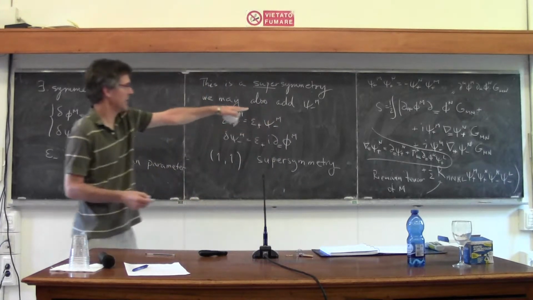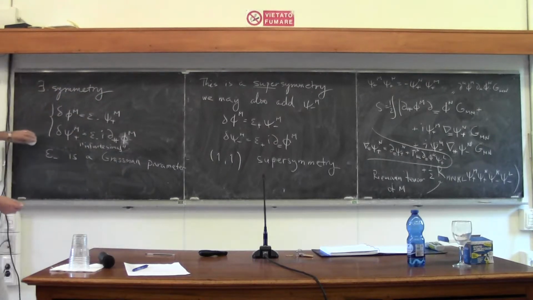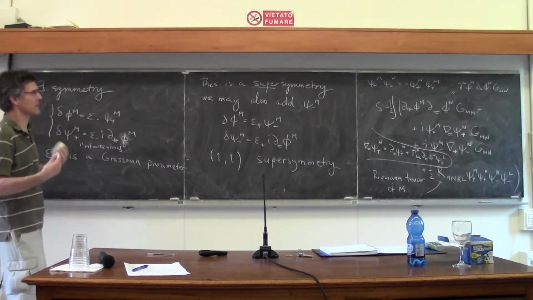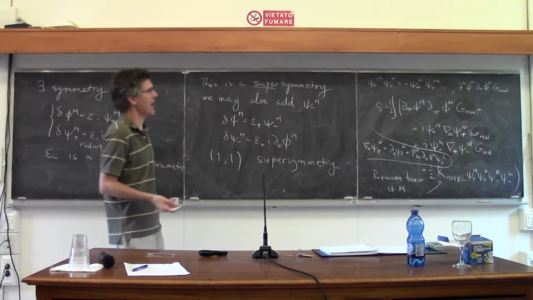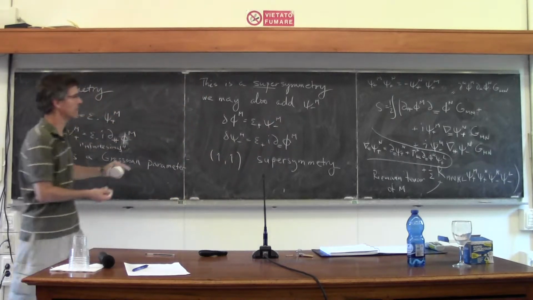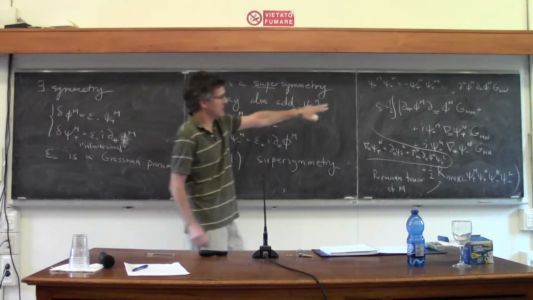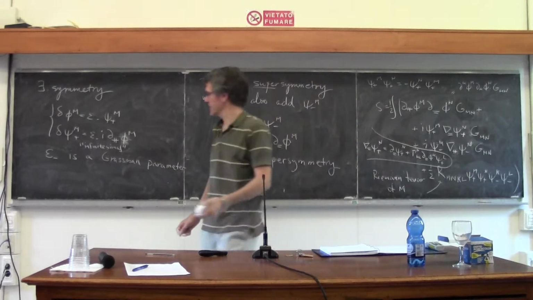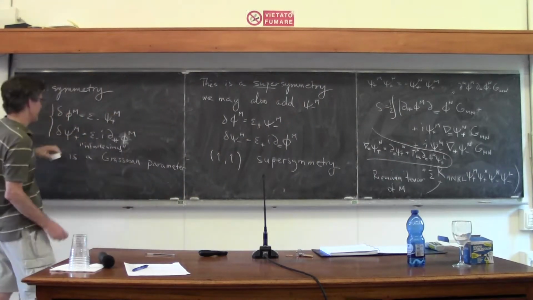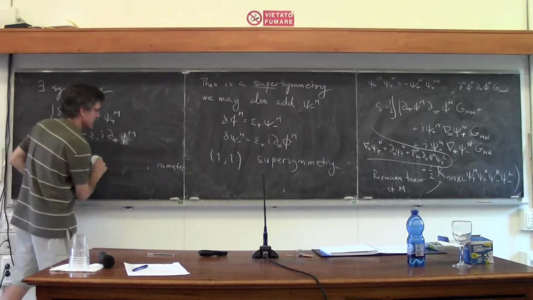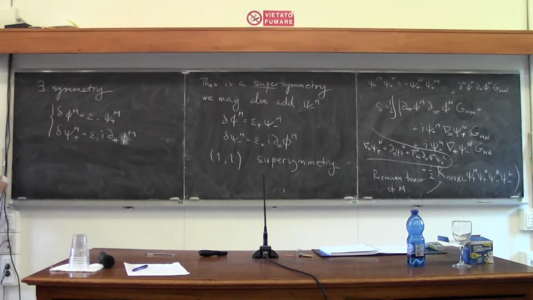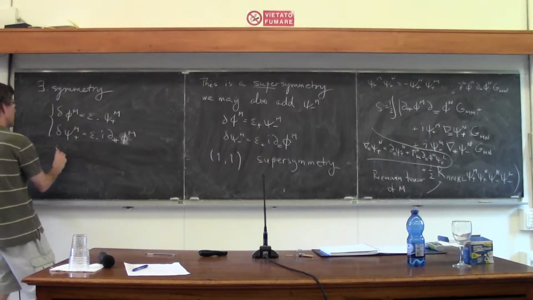Right, so having a non-trivial metric on M, we need to fix up the action a little bit. We also need to fix up the supersymmetry transformation a little bit.